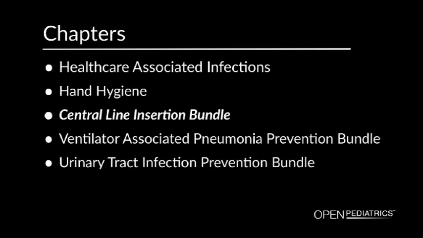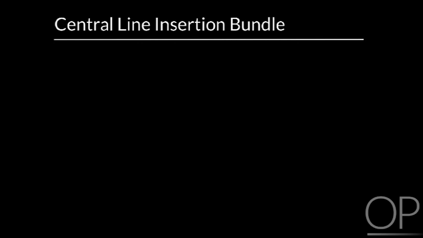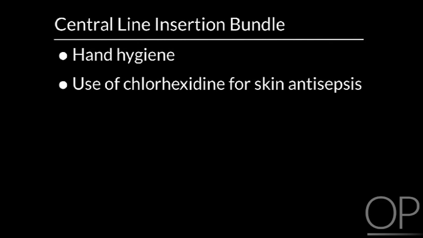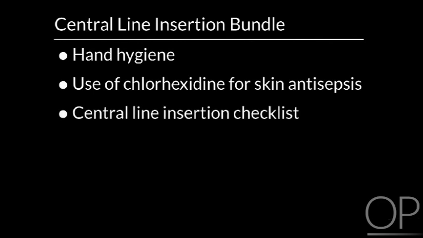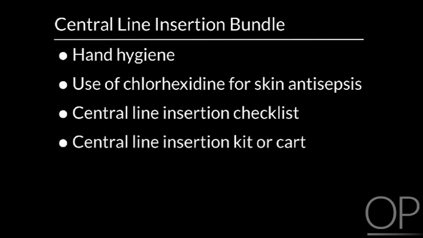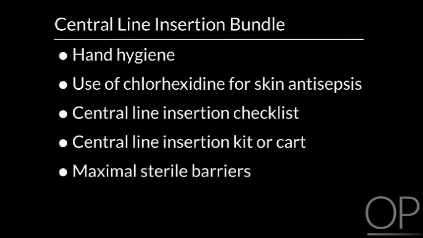Central line insertion bundle. The central line insertion bundle includes hand hygiene, which is the basis of all infection prevention initiatives, the use of chlorhexidine for skin antisepsis, a central line insertion checklist, a central line insertion kit or cart, and the use of maximal sterile barriers.